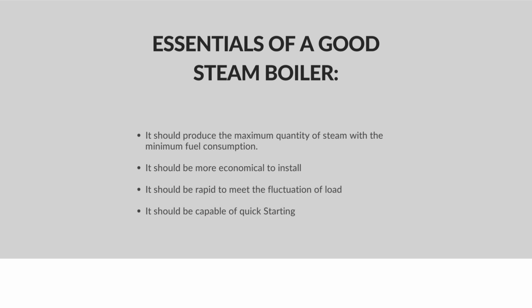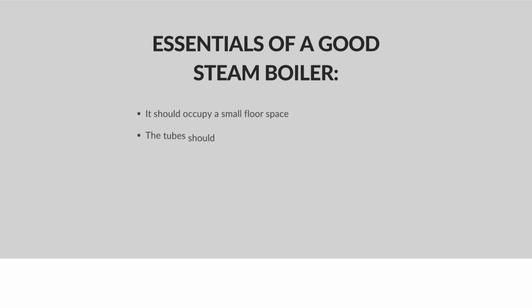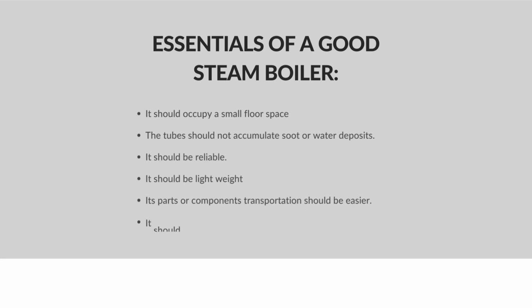It should be capable of quick starting. It should occupy a small floor space. The tubes should not accumulate soot or water deposits. It should be reliable. It should be lightweight. Its parts or components should be easy to transport. It should comply with safety regulations according to the IBR Act 1923.